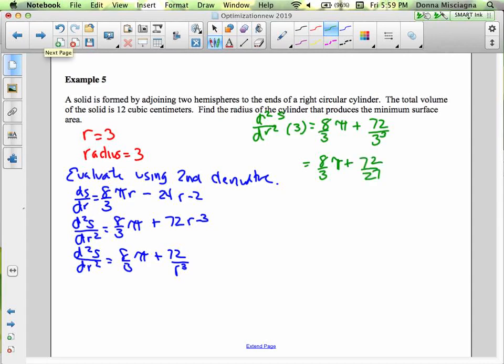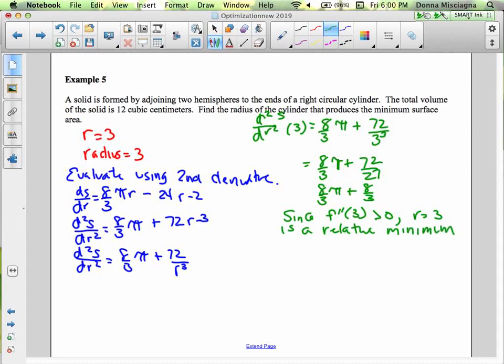We can reduce that, divisible by 9, so that's 8/3 pi plus 8/3. This is definitely greater than 0. Whatever that is, it's greater than 0. So since f double prime of 3 is greater than 0, r equals 3 is a minimum.